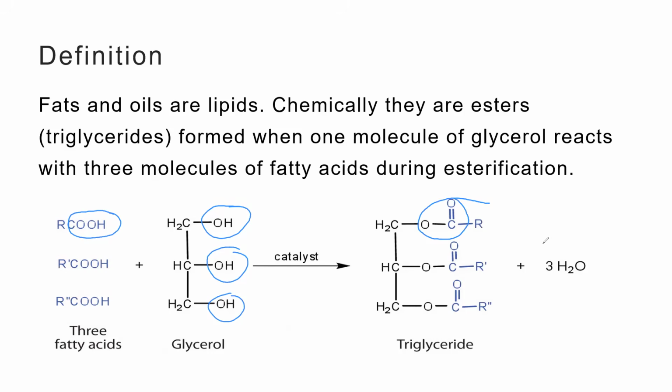It gives an ester linkage there. Then another one will react on the same glycerol, and you see a new ester linkage. Then this separate acid again will react with the third OH on the same glycerol, and it will give you this.